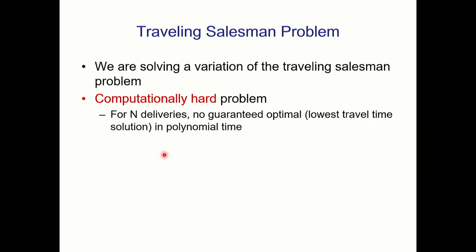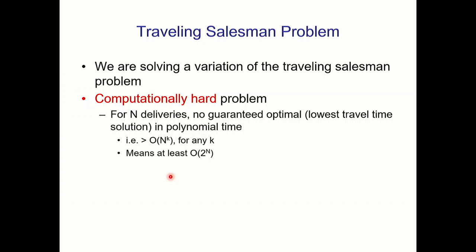What do we mean by polynomial? Polynomial basically in terms of where your variable is n here, which is the number of deliveries to make. So for whatever k you choose, even if you choose k equal 1,000 or 100,000, the time to achieve optimality is always going to be bigger than asymptotically O of n to the k, okay? So for a computationally hard problem, we cannot find a solution in polynomial time.